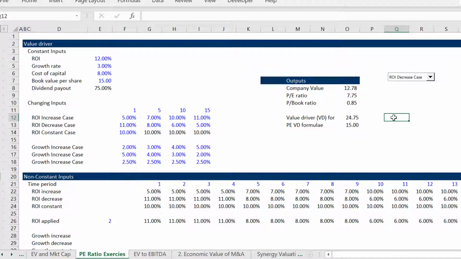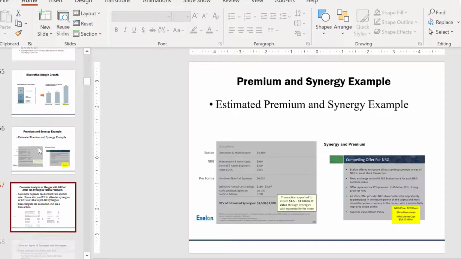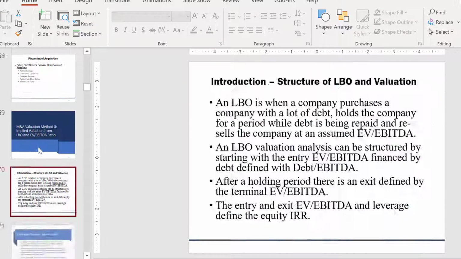If you're trying to compare different companies and the different companies have different increases or decreases in return, and the same goes for the growth rate, although I didn't finish this here, if you don't adjust for changes in both growth and returns when you're doing an analysis and comparing EV to EBITDA ratios or things like that, it's a disaster.